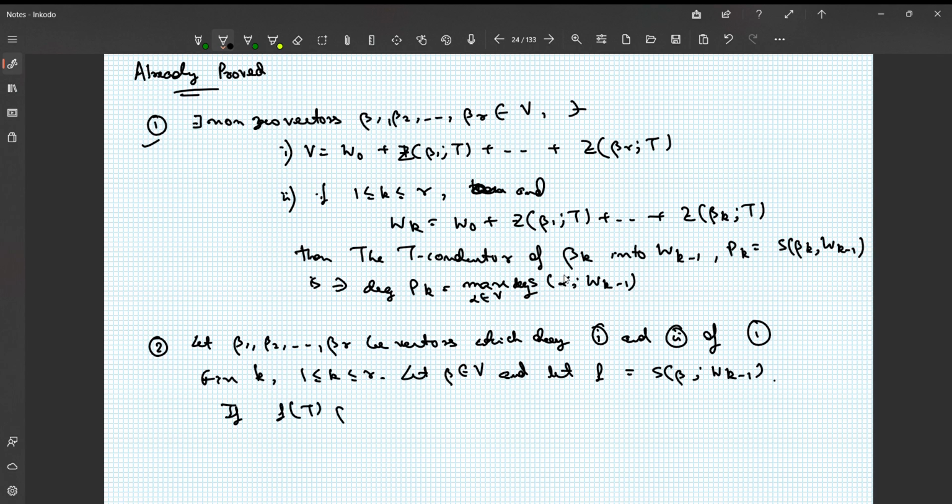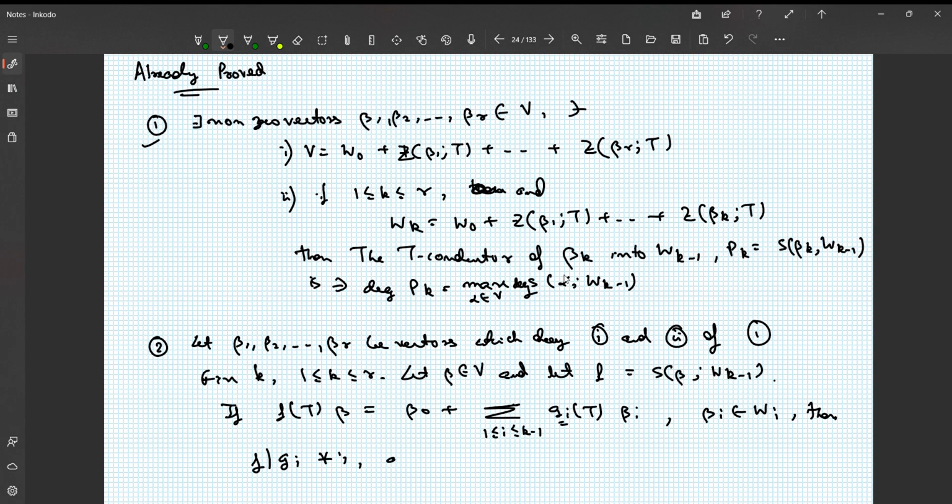If the image of beta under the operator f(T) is written as some beta naught plus the summation over 1 less than or equal to i less than or equal to k minus 1 of some polynomial gi with T acting on bi, where each bi is in Wi, beta naught is in W naught, beta 1 is in W1, and so on, then the T conductor of beta into Wk minus 1 must divide each of these polynomials gi.